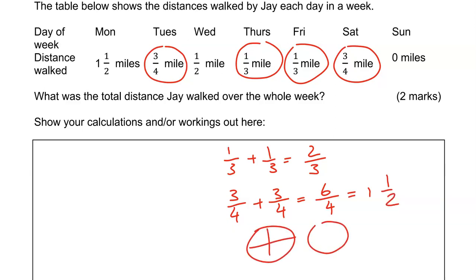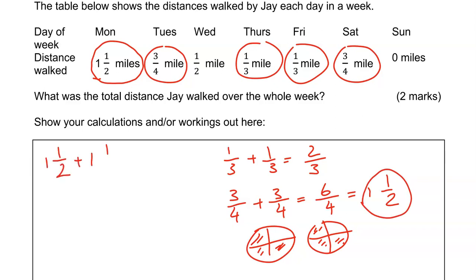I'll show you quickly here. So that makes 1.5. So we've also got another 1.5 here. So if we add 1.5 and 1.5, half and half makes a whole one.